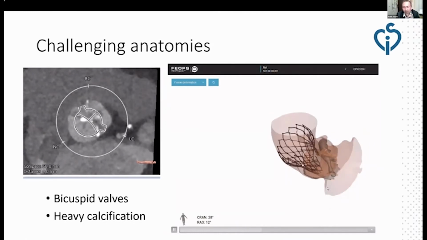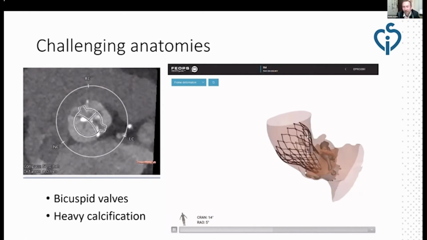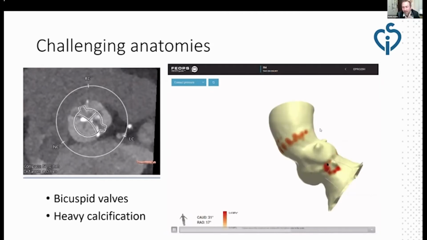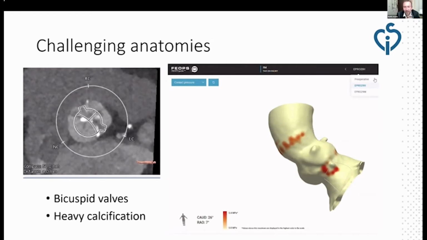If you simulate that valve in the computer and put an Evolut prosthesis in, you can see that the deformation will be very intense.